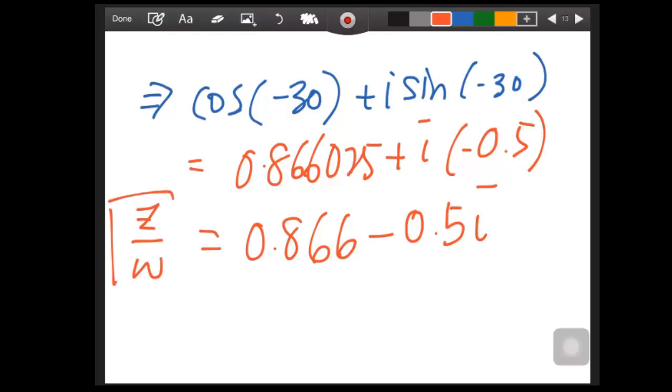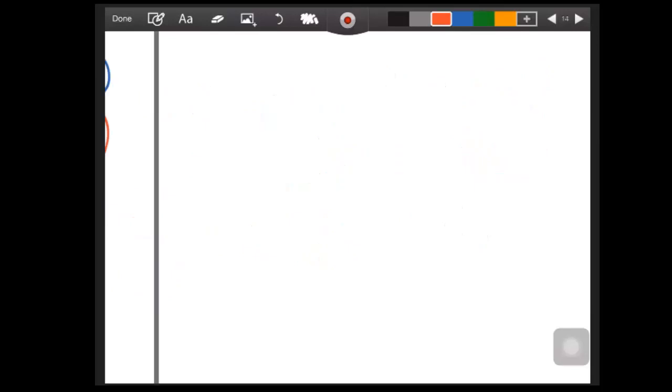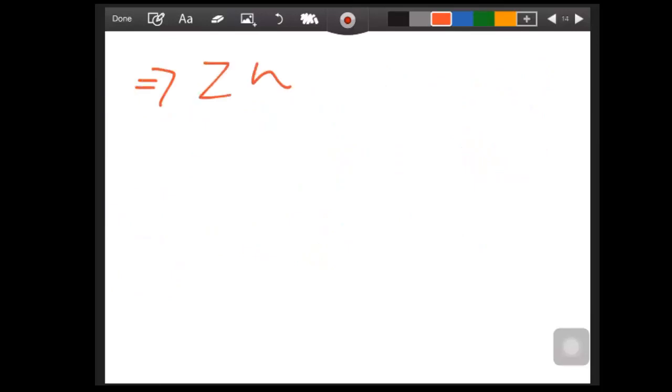Okay, now kita pergi yang dia tanya itu apakah ZW kan. So ZW, okay, untuk ZW maksudnya darab lah, multiplication punya rules dia.